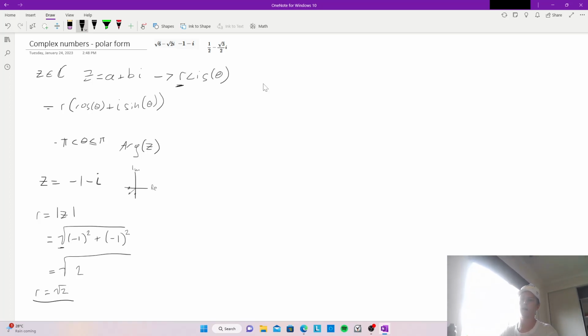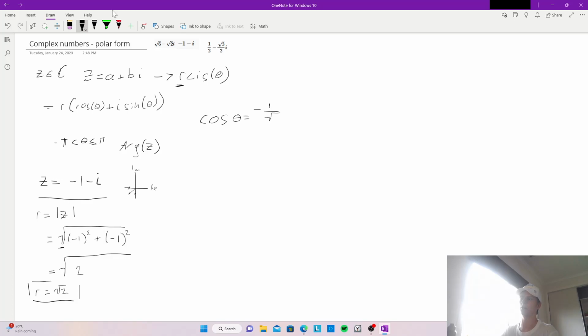Alrighty, so our r is equal to square root 2. Next you want to find cos theta and sin theta. From our polar coordinates, cos theta is going to be equal to our real value, which is negative 1, over our radius.